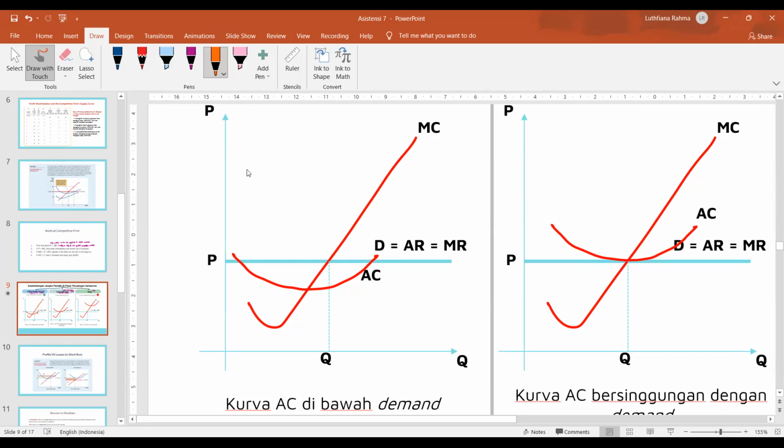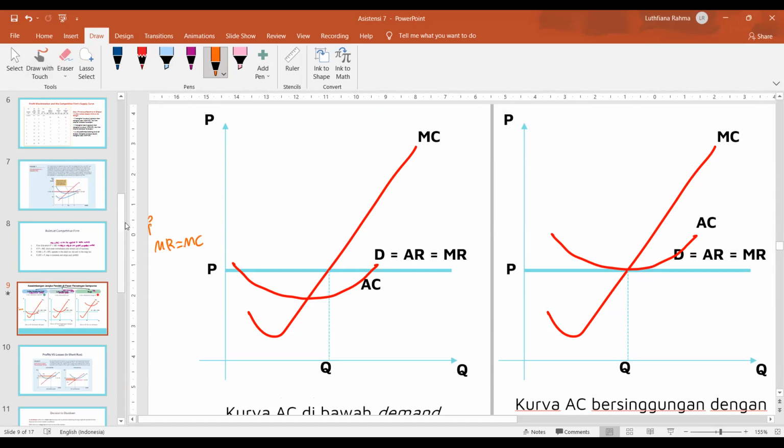So the firms will always produce at that point if they want to maximize profit. I will write it down: profit maximizing.